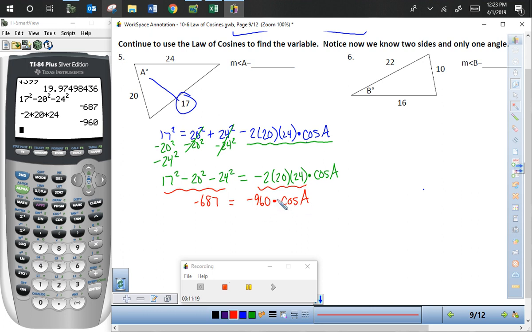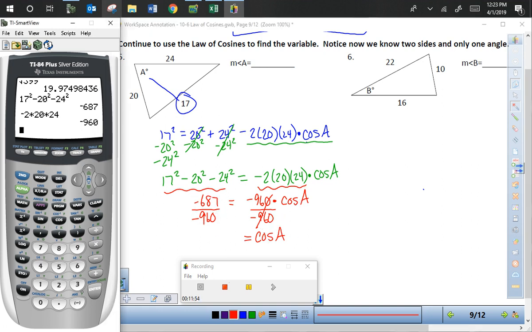So to get rid of times, we'll divide. That's not a minus 960, that's a negative 960. We're not subtracting. So those cancel. We're only left with cosine of A over here, and this is something we can type in.